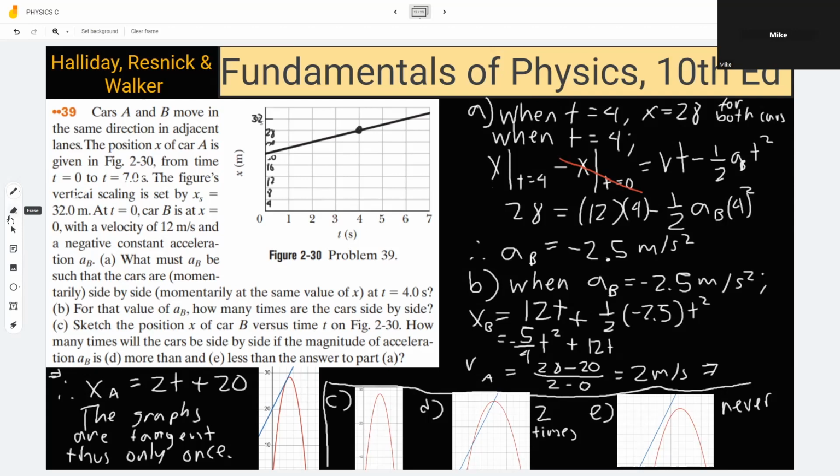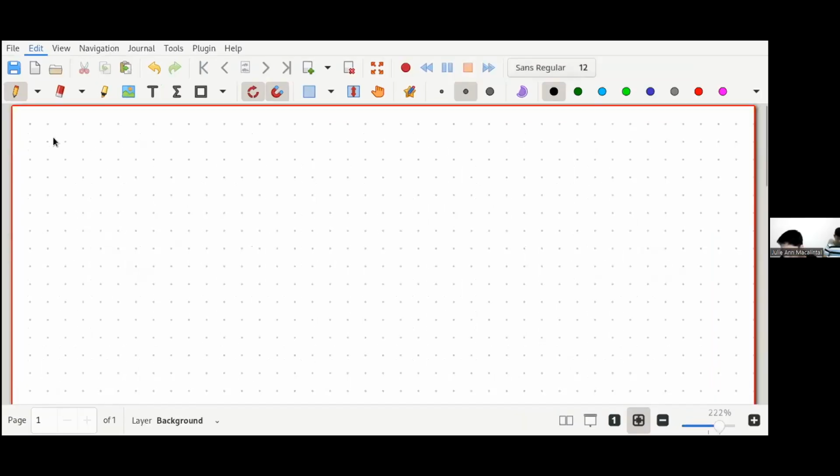Hindi ko naiintindihan kasi ano eh. Sige. Tapos hindi ko pa na ano to. Let's share ko mo yung screen ko, para mas may ma-compare. Kasi nahihirapan na intindihan ko yung ano eh.